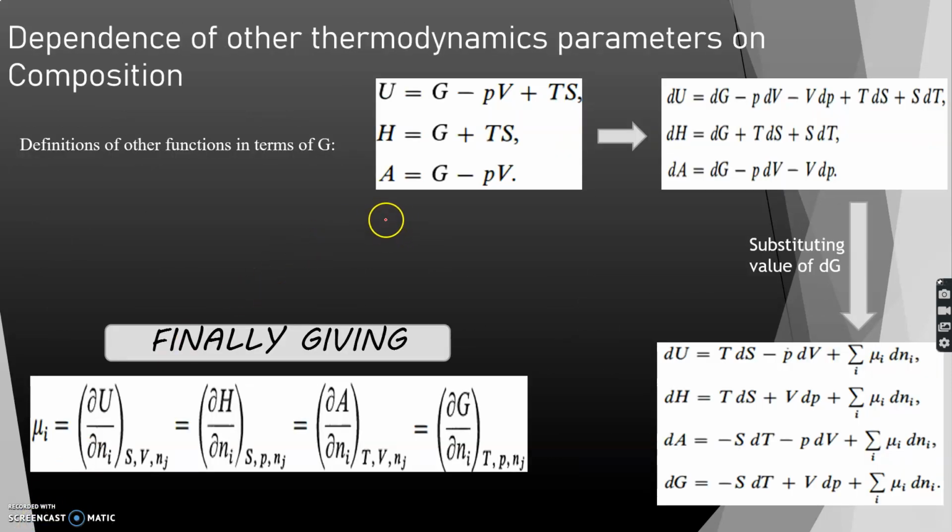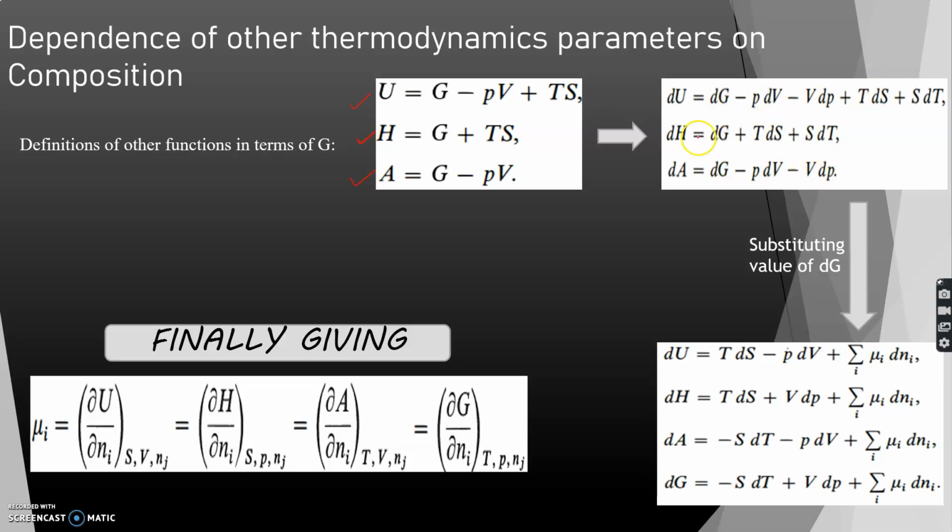What is the dependence of thermodynamic parameters on composition? Here we have written the thermodynamic parameters internal energy, enthalpy and Helmholtz free energy in terms of G, and we have taken the derivatives dU, dH and dA, and this is how we expand the equation.